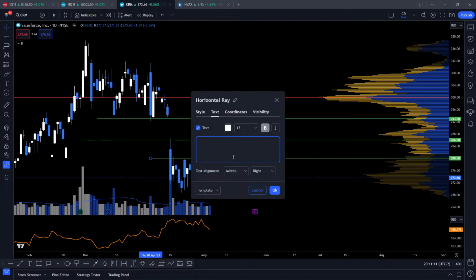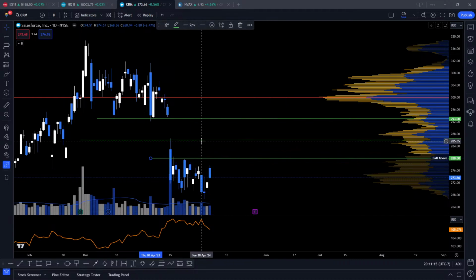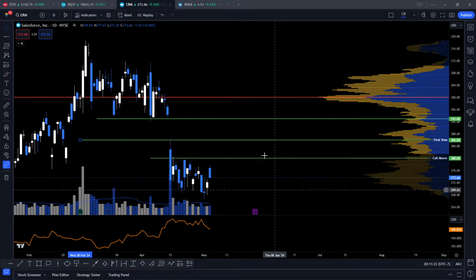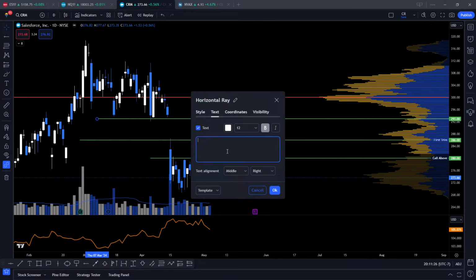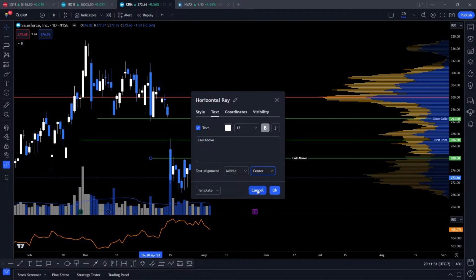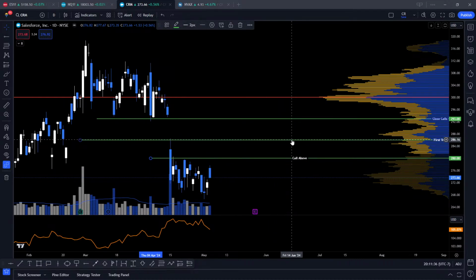So this will be calls above, first trim, and close calls here. I would take these probably a week or two out.